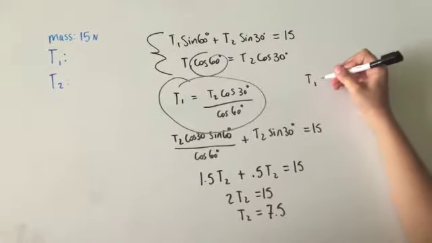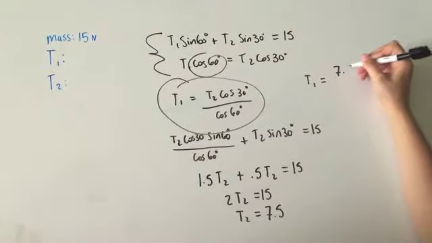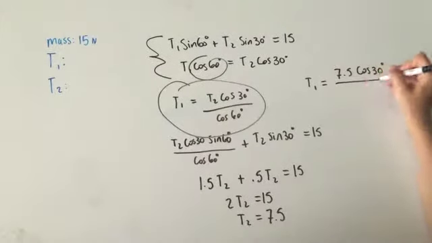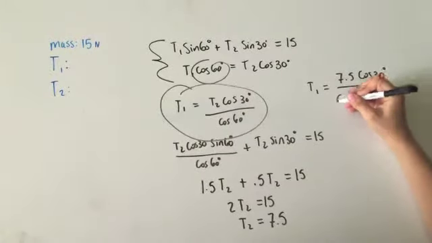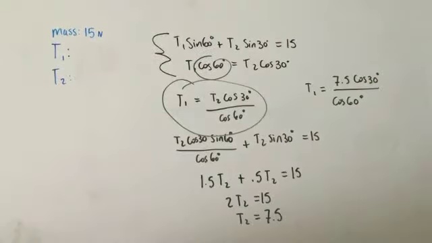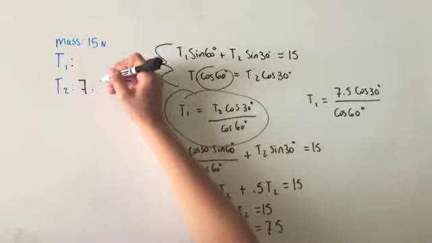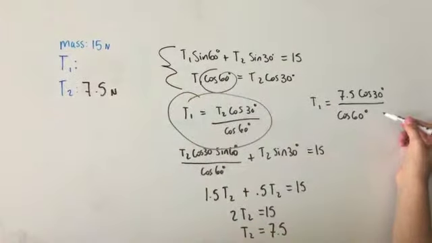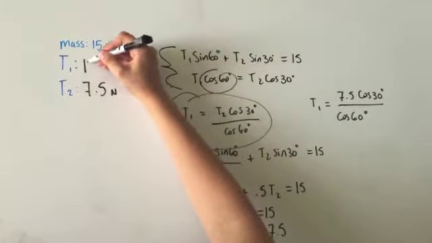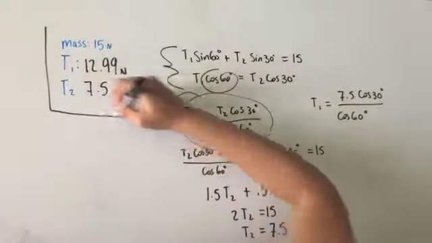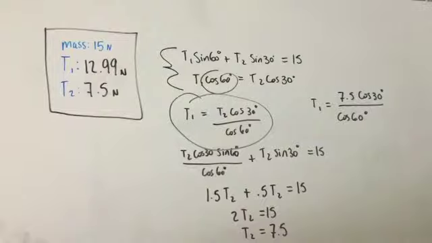So T1 equals 7.5 cosine 30 over cosine 60. So now we know that T2 equals 7.5 newtons, and from solving this, we can say that T1 equals 12.99 newtons. And there is the solution to our statics problem.